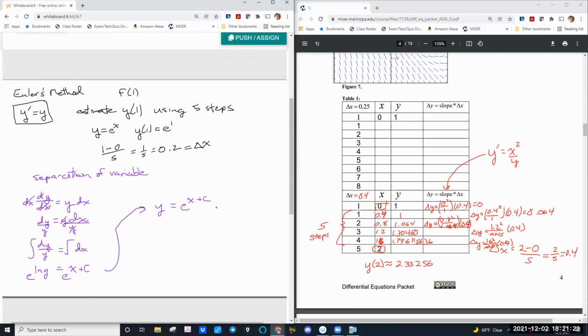Here's how that works. e to the x plus c can be rewritten as e to the x times e to the c. e to the c is itself a constant, so we absorb that into a new constant, call it a, and we get e to the x times a, or the way we were used to seeing it, a e to the x. What the absorbing constant looks like is going to depend on the differential equation.